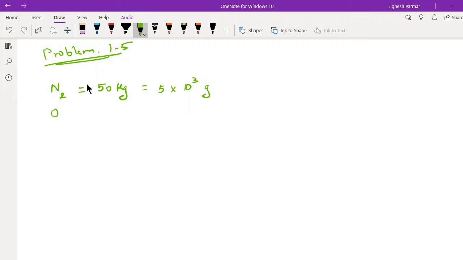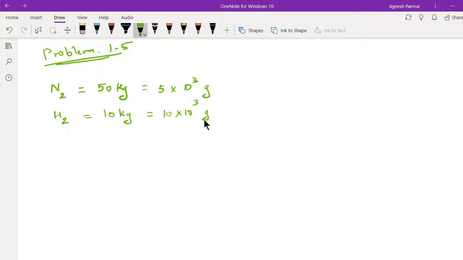Okay, it is reacted with, not oxygen, sorry, it is reacted with hydrogen. What amount of hydrogen have they taken? They have taken 10 kilogram of hydrogen. Now 10 kilogram of hydrogen means 1 into 10 to the power 4 gram. Okay, 1000 gram, 10 into 1000 is 10 to the power 4 gram. That's what we are going to take.